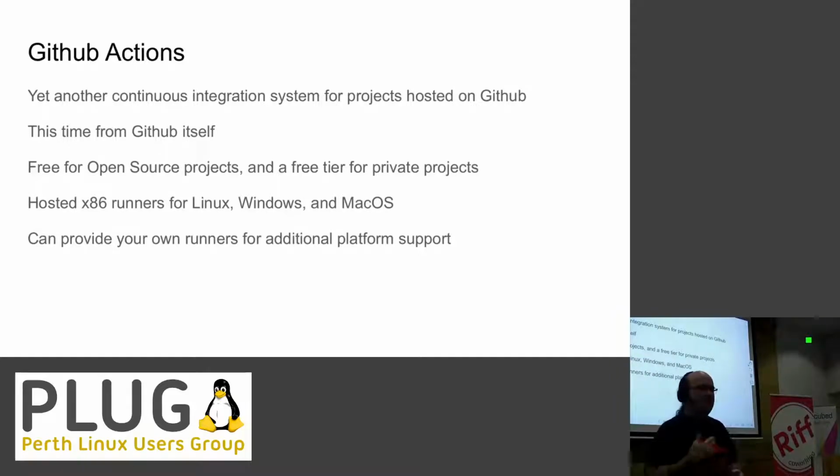And if you do have private repositories, there is a free tier available where you can use a certain number of minutes every month, and if you need more, you pay for it. So that's GitHub's model to make money out of the system.